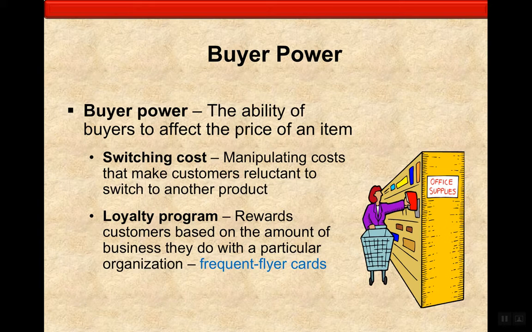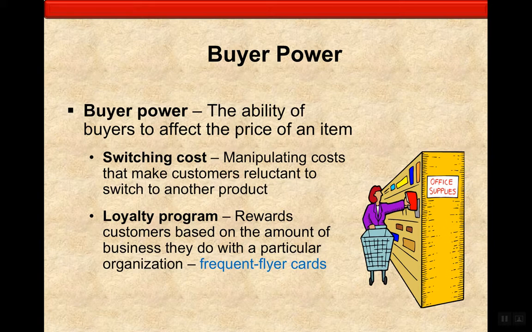Think of the two-year contract on a cell phone. If somebody else comes up with a phone and they want to move, they have to pay out the whole price of the phone. I think it's changing a bit, but that was the thing that happened.